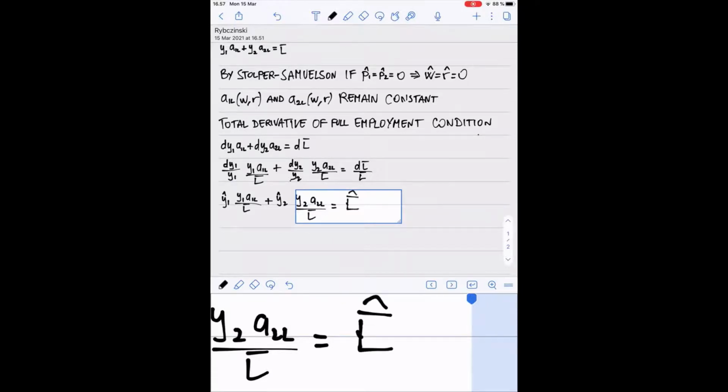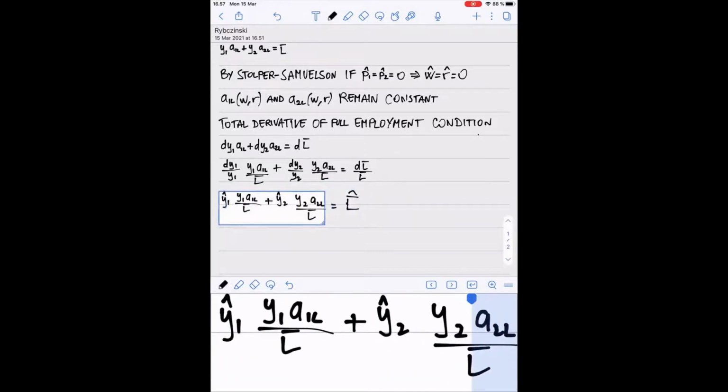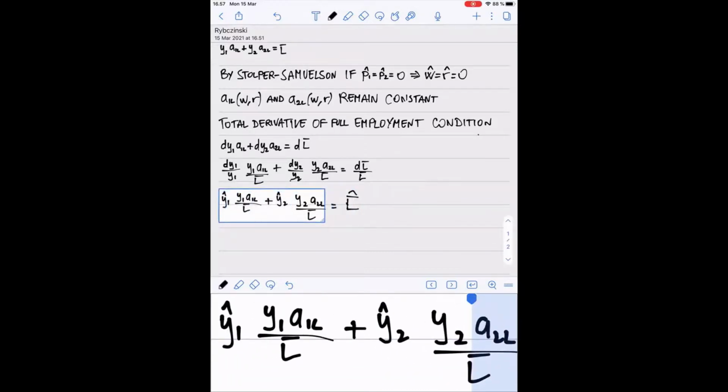Okay, so the percentage change in the factor endowment of labor is a weighted sum of the percentage changes in the two outputs, where the weights are these terms y1 times a1L divided by L bar.